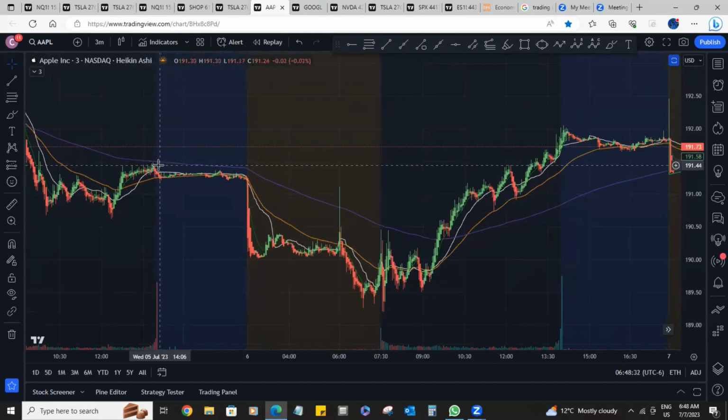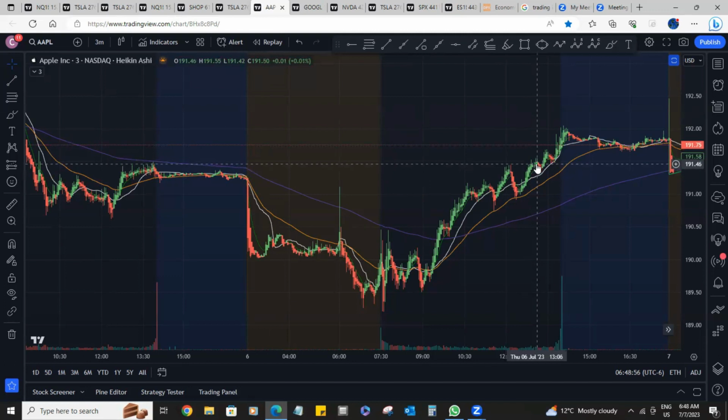So if I figure, okay, right in this range, what is that, 190.50, which kind of fits. 190.50 with Apple is going to be very important because Apple always likes a fixed number, like 25 cents or 50 cents. So if I would have had a point set here, I'd have been watching at this level, 190.50. It came up, touched it, and you notice it already hit it first.